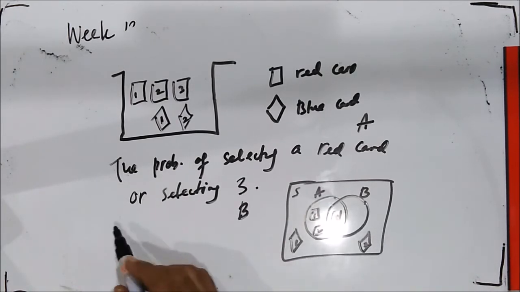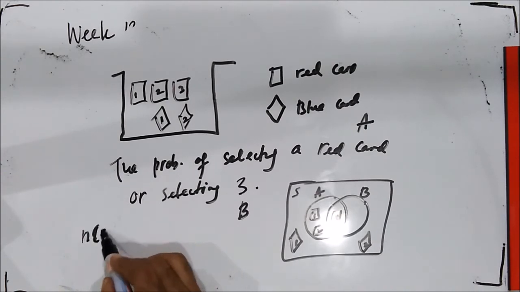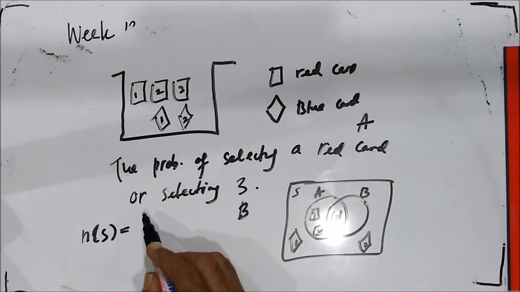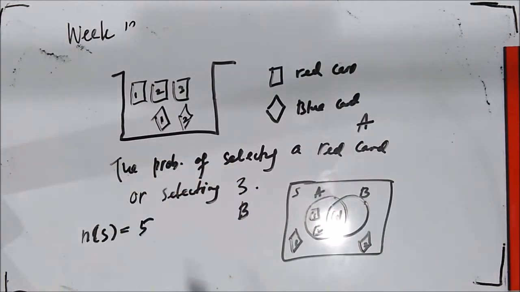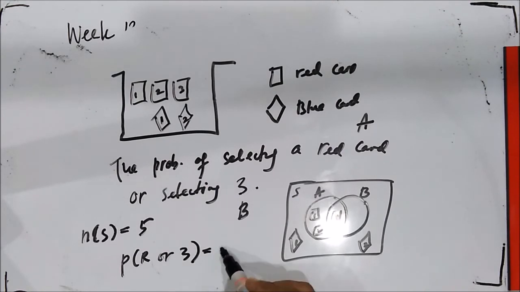Okay. So n(S), the number of the sample space, is equal to 5, because we have 5 here. Then the probability of getting a red card or number 3 can be written as probability of red plus probability of 3.